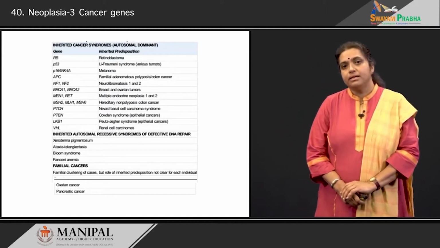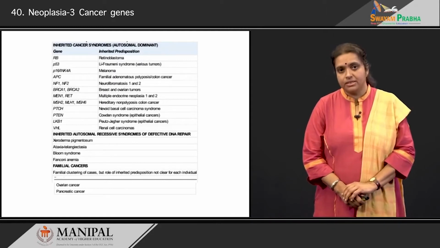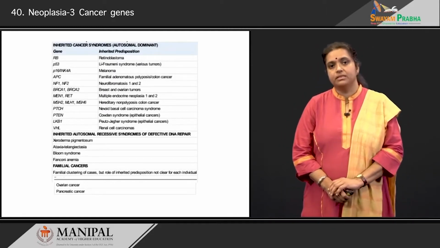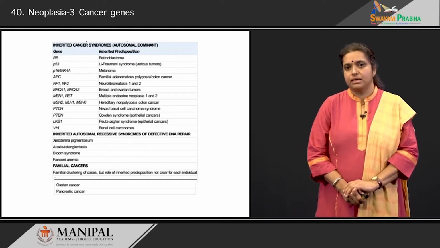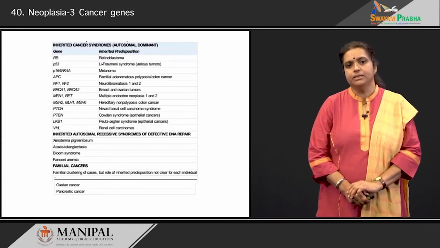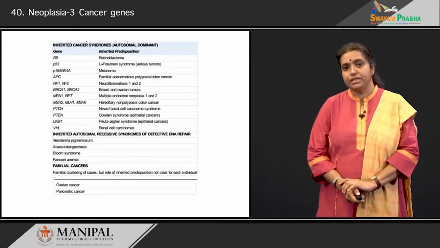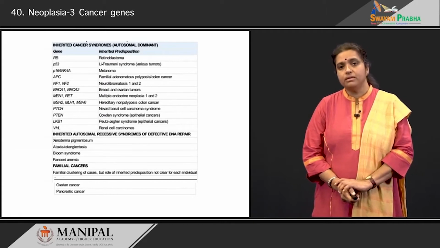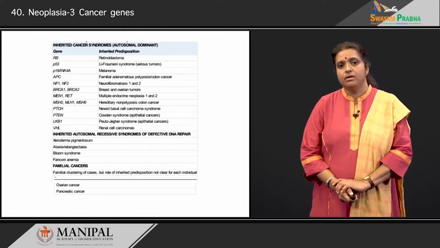Now, there are certain inherited cancer syndromes wherein these so called cancer genes are transmitted in the germ line. We have already discussed a little bit about this in our cancer epidemiology lecture, but let me go through this a bit again. P53, a very important gene, if inherited causes the Li-Fraumeni syndrome.